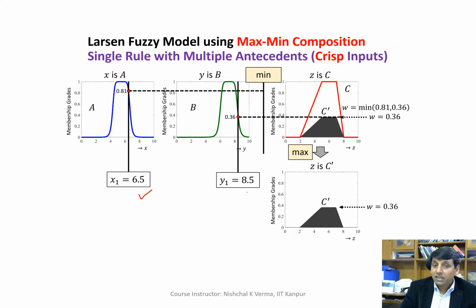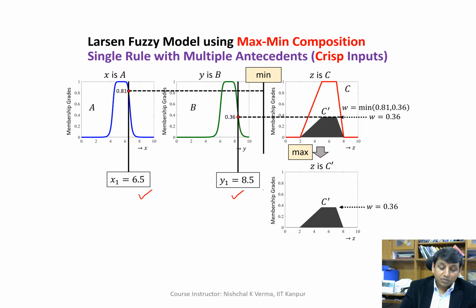You can choose any value which should be falling within the fuzzy region, and should be within the universe of discourse. So here in this case, for simplicity, x1 is equal to 6.5 and y1 is equal to 8.5.